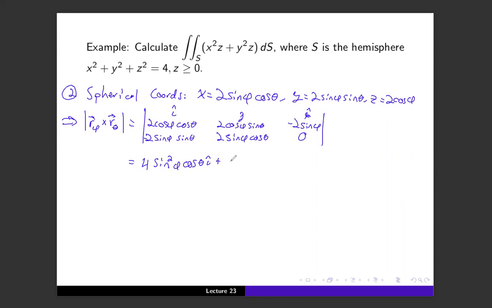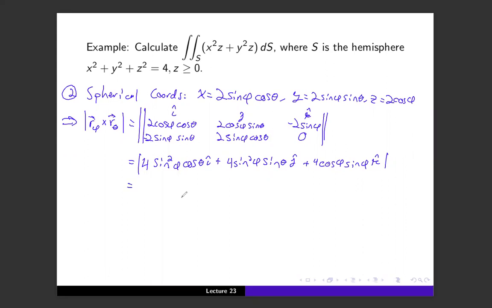And in the k direction, plus 4 cosine phi sine phi k, because you get the cosine squared plus sine squared, that's going to just result in 1. Now, strictly speaking, it's the magnitude of all of this stuff, so I forgot to include that part.